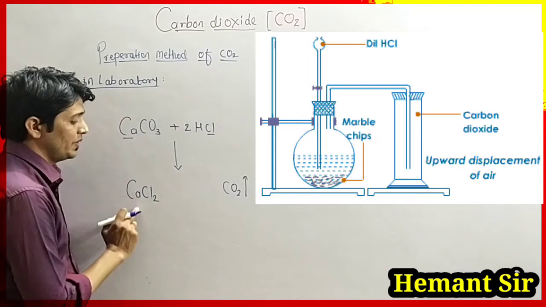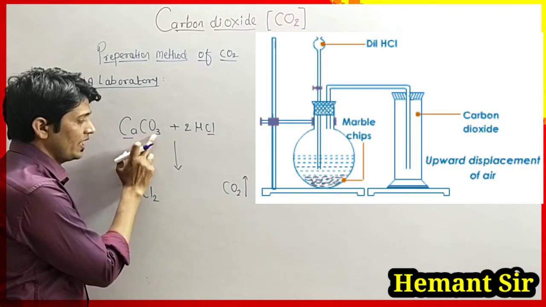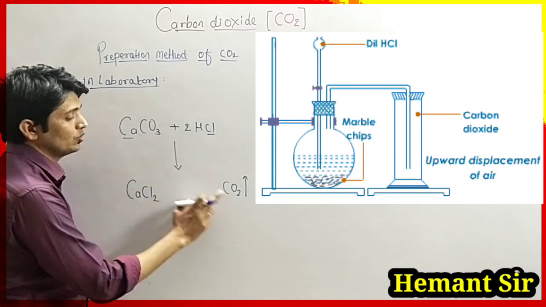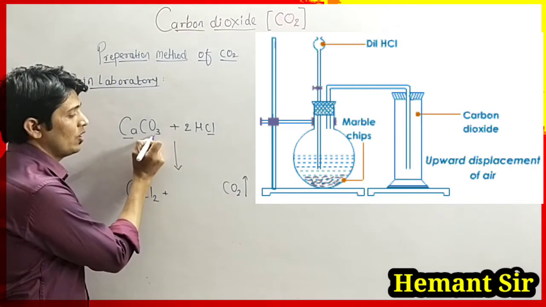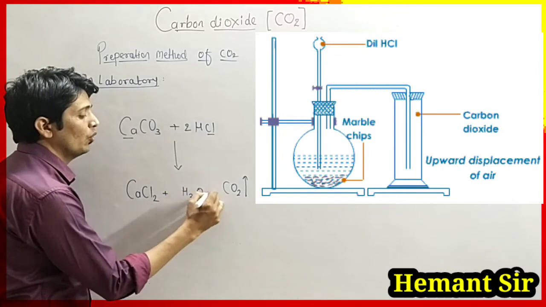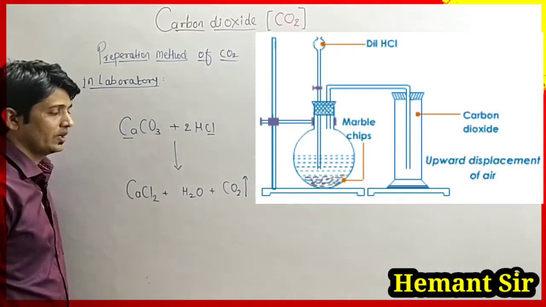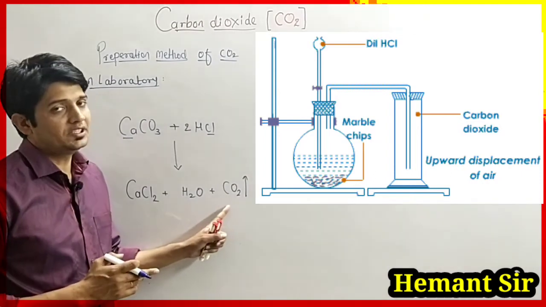Then calcium is used, 2 chlorine is also used, and from here C and O2, CO2, is also used. Now what remains here? What remains is 1 oxygen and 2 hydrogen. They will form H2O, that is water. So this is the process by which carbon dioxide is prepared in the laboratory.